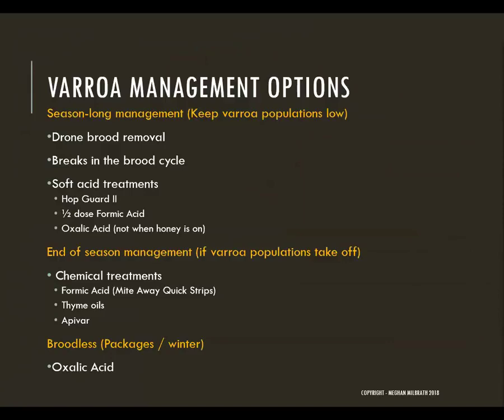What is really success is if our bees never got sick from Varroa-associated viruses. So even at the point where we're not seeing high levels of mite, there's things we can do to make sure we don't get to that point, which include drone brood removal, breaking the brood cycle, and these soft acid treatments, which would be our HopGuard 2, our half dose of formic, and the oxalic acid, which not when honey's on.